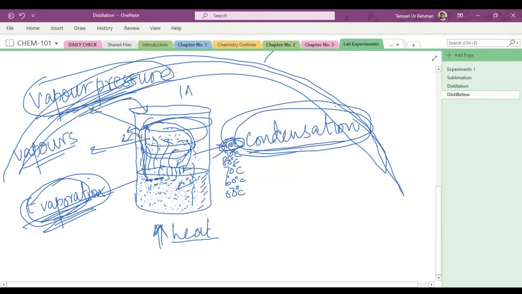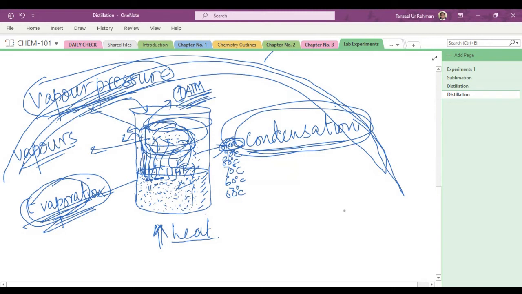Now what is atm? Atmospheric pressure. Our pressure on the surface from the atmosphere, that is 1 atm. So when this vapor pressure becomes equal to 1 atm, then this water starts boiling. Before it doesn't boil. It starts boiling when this vapor pressure becomes equal to our external pressure.